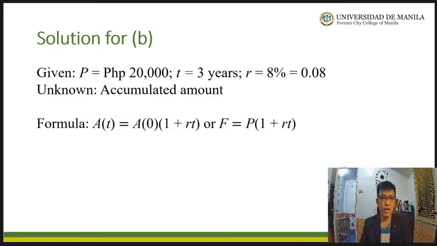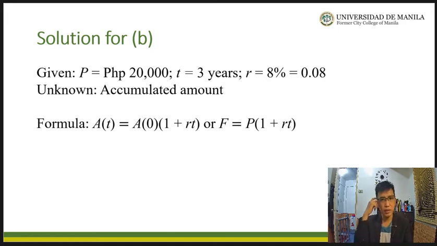So our formula for the accumulated amount is A of t is equal to A of 0 times 1 plus RT. Or in other books, you can find that the accumulated amount is in terms of F, which is the final amount, equal to P, which is the principal, times quantity 1 plus RT.